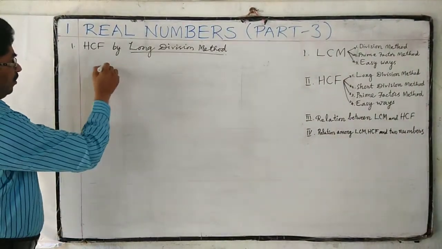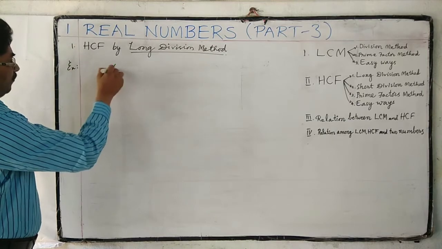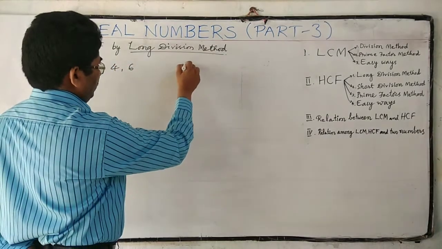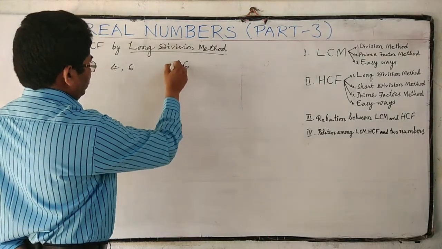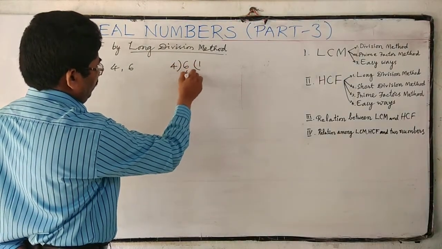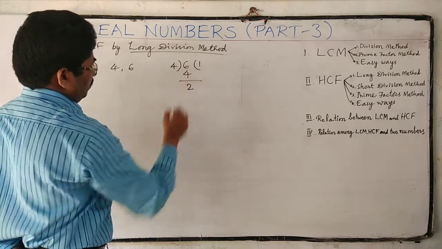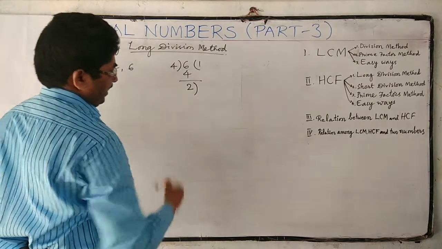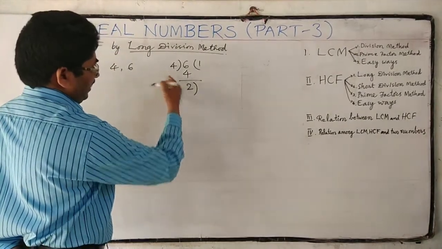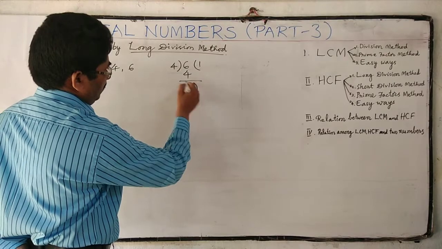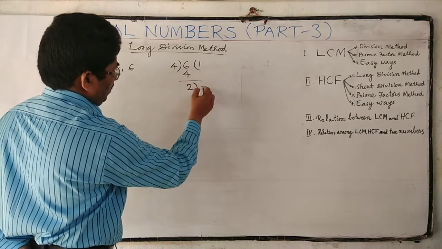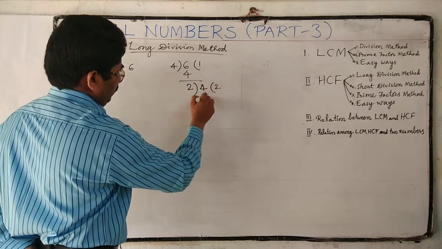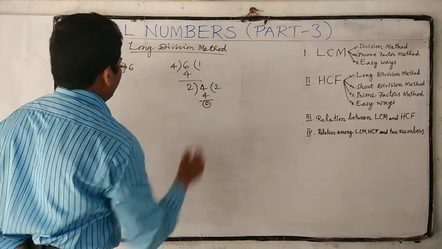Example: 4, 6. In this long division, we follow simple division. 4 ones are 4, remainder 2. Taking this remainder as the divisor and the previous divisor as the dividend again, 2 twos are 4, remainder 0.